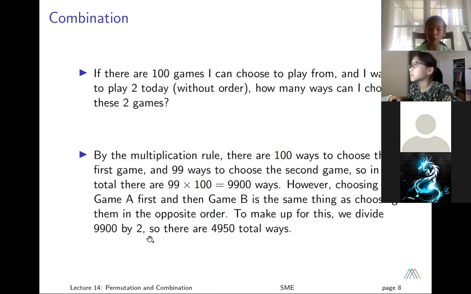The reason we divide by 2 is that, let's say game A and game B, there are 2 ways you can order them, AB or BA. And if you have 3 games, ABC, then you would divide by 6, because that is how many ways you can order A, B, and C. So here, I'll go on to the next slide.